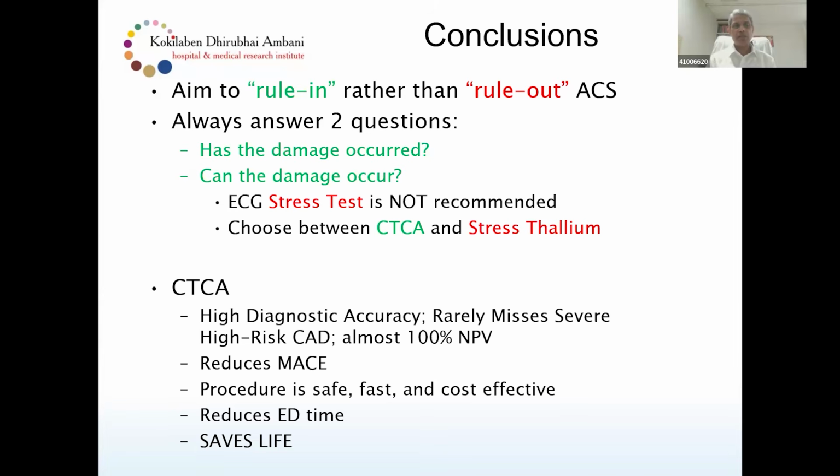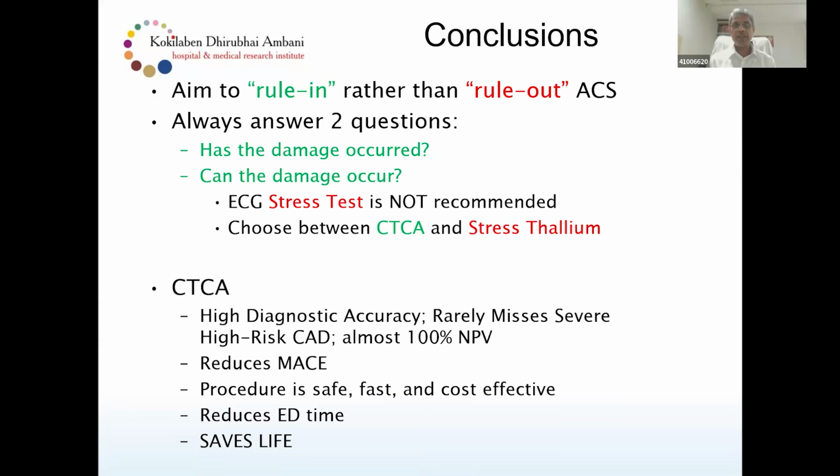So at the end, some points in favor of CT coronary angiography incorporation into the chest pain evaluation in the ED. It has a high diagnostic accuracy. It rarely misses severe high-risk coronary artery disease and has almost 100% negative predictive value. It reduces major adverse cardiac events. The procedure is safe, fast, cost-effective and time-effective.